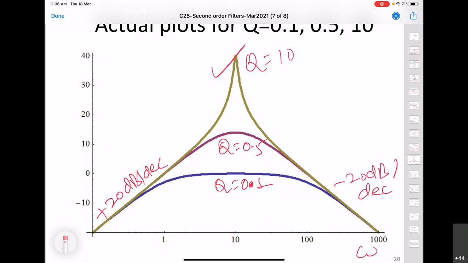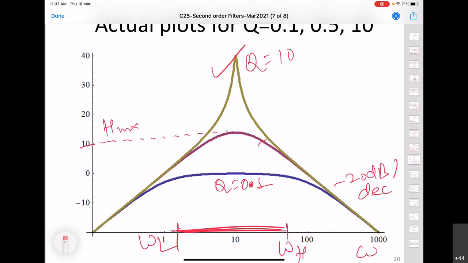So for this case we define a bandwidth. That means we have to recommend what is the lower frequency and what is the upper frequency between which we should use this circuit. For that, we take the peak value, this peak value H max, and then we say that those frequencies where this H max gets reduced to 1 by square root 2.